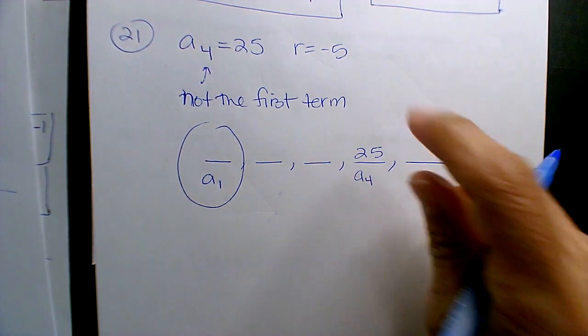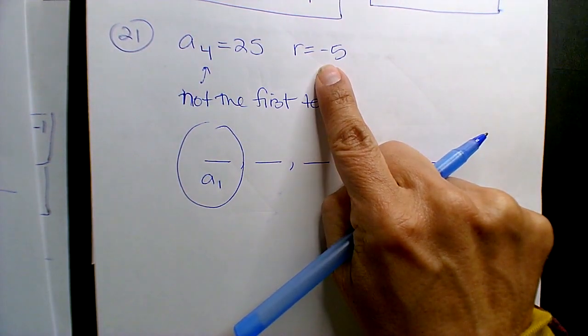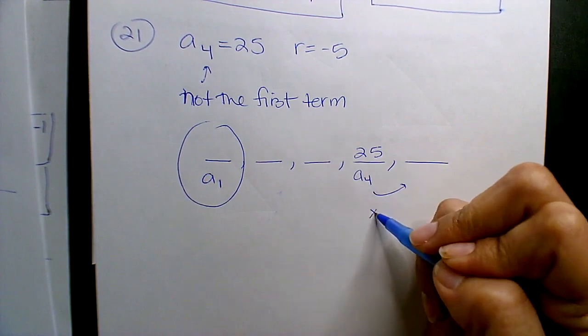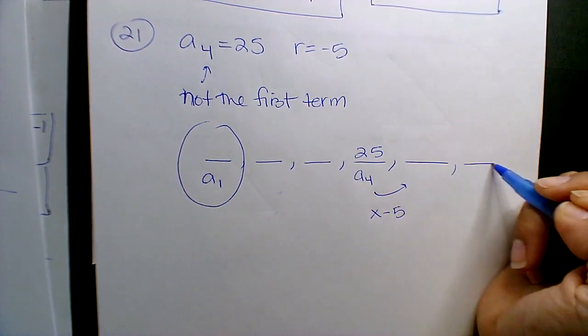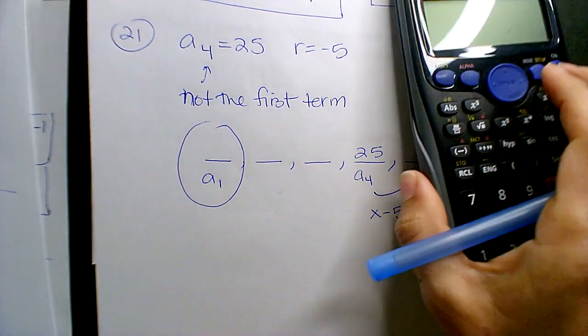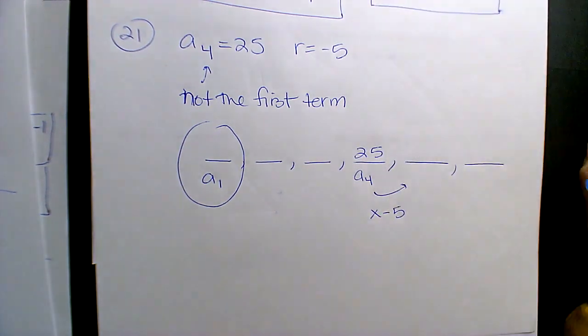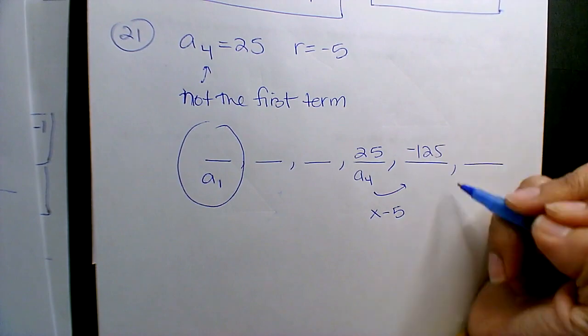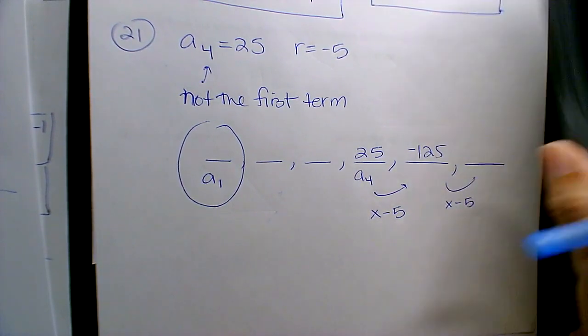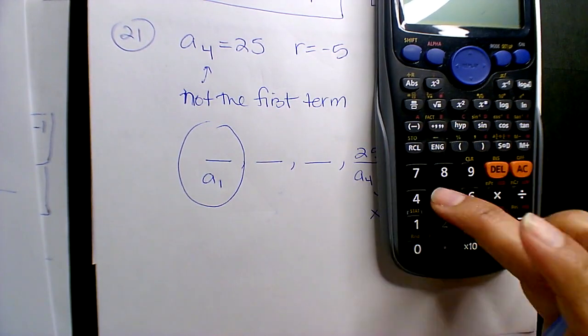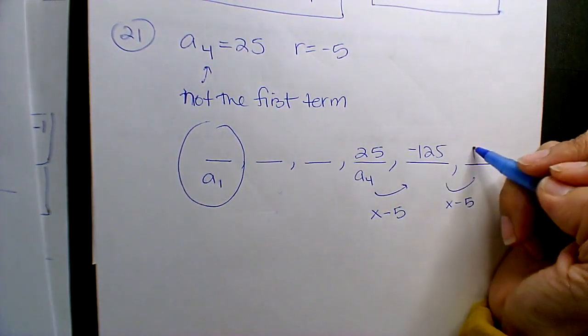You guys know the common ratio is -5, so that means you're multiplying by -5 as you move along. So 25 times -5, I know we don't have to do this, I'm just showing you guys. -125, if you times by -5, you get 625, right?